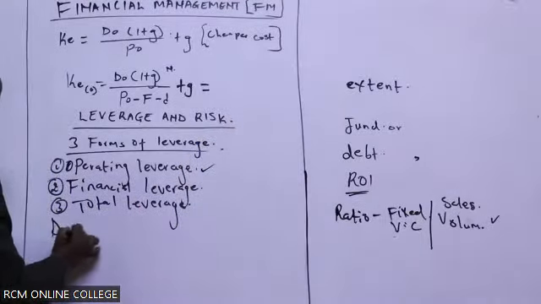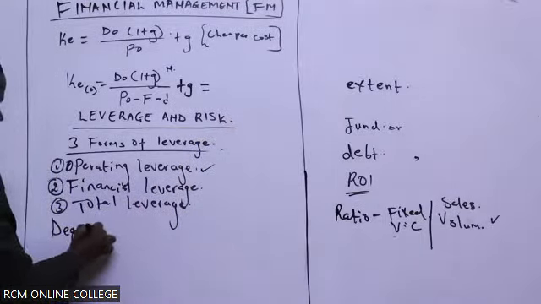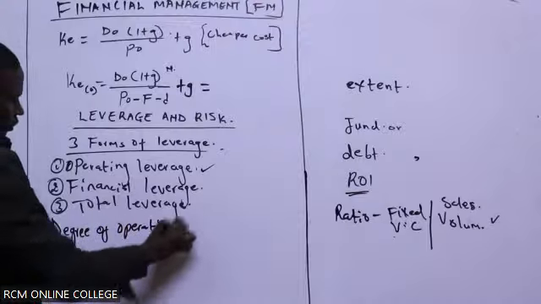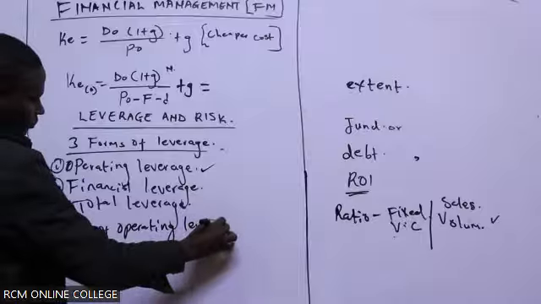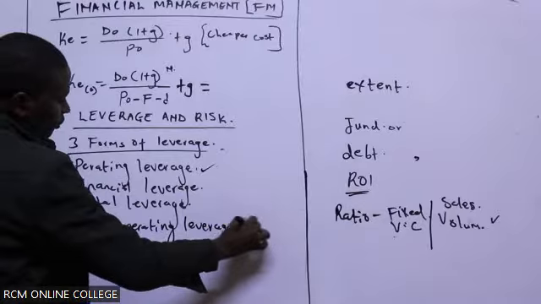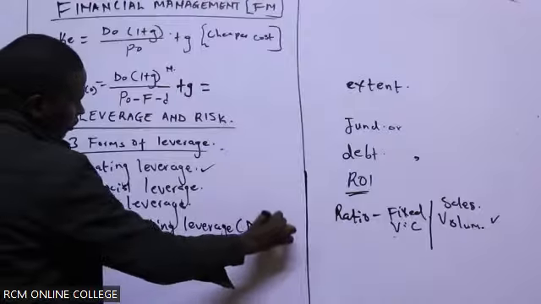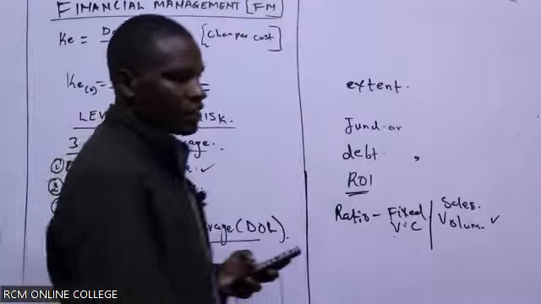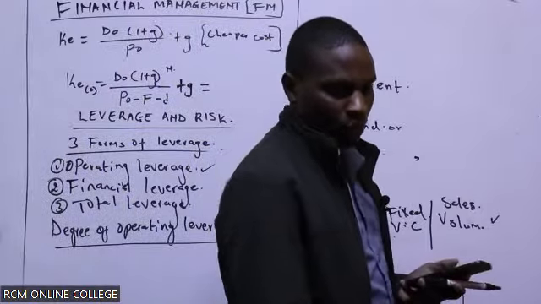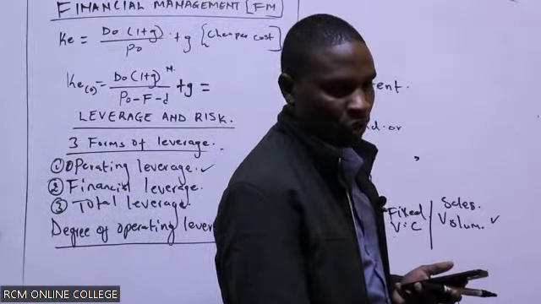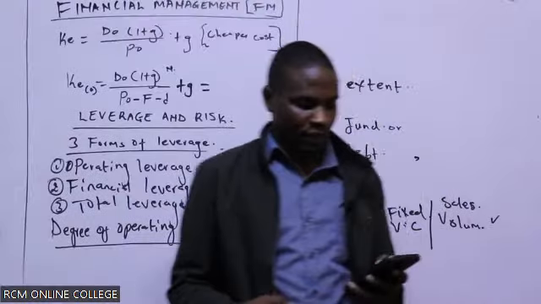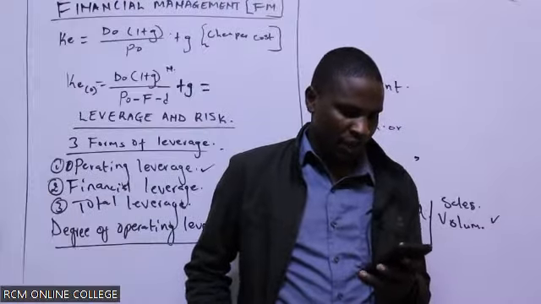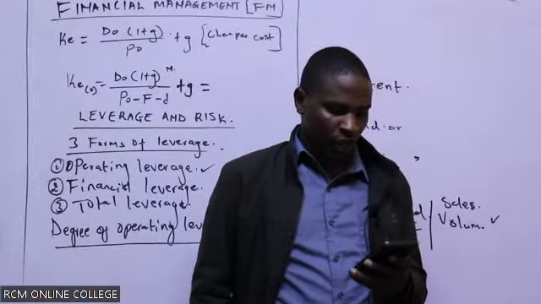Degree of operating leverage is represented with DOL. So operating leverage is measured by the degree of operating leverage. I want us to see how.